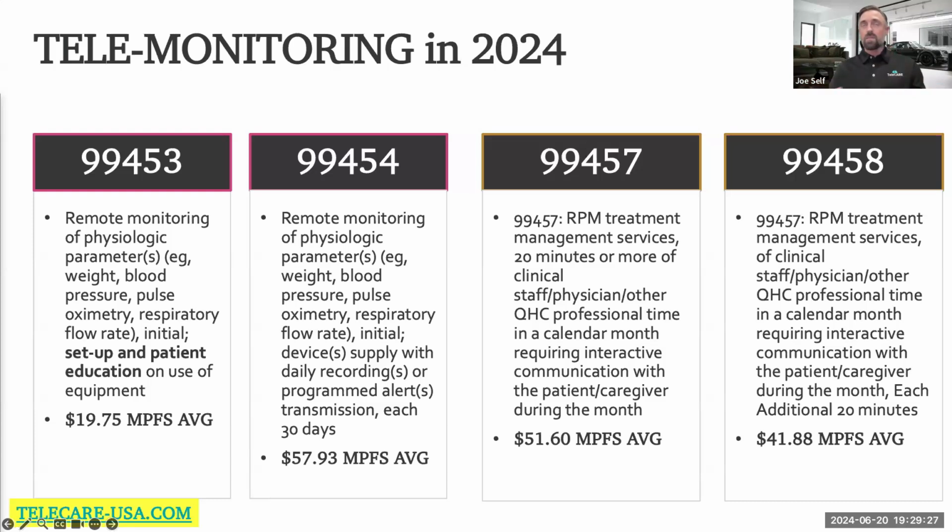Now, how do you get to 30 minutes? It's whenever you're discussing items with the patient, but also when the patient is submitting those 99454 readings into the portal, those readings count as service time because they have to be monitored. That's either done by your staff or our staff, depending on how the structure is set up. That's how it works from a time basis.